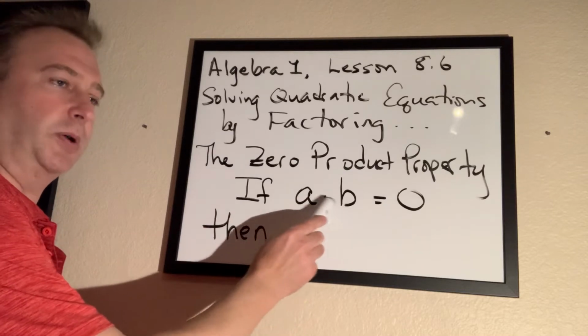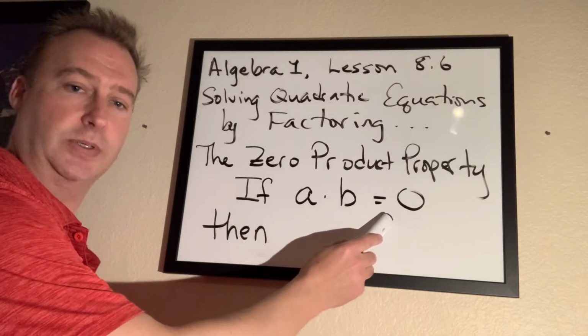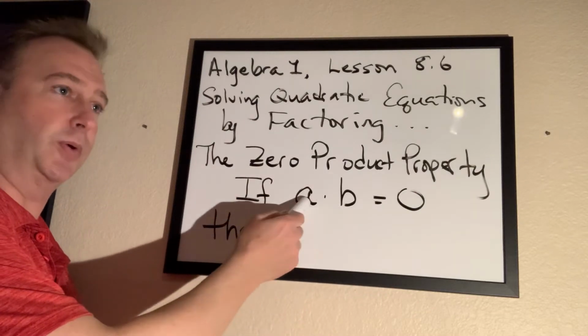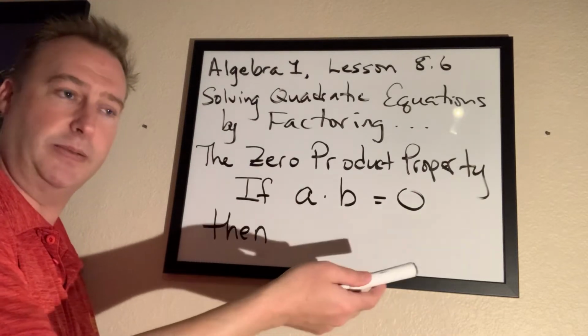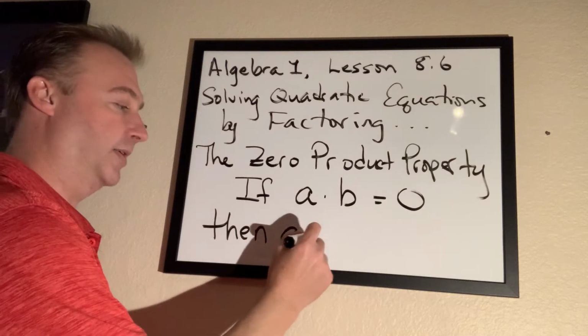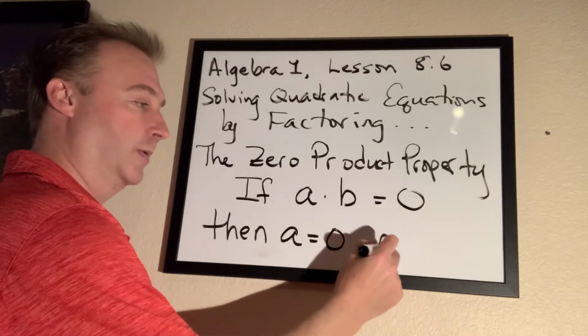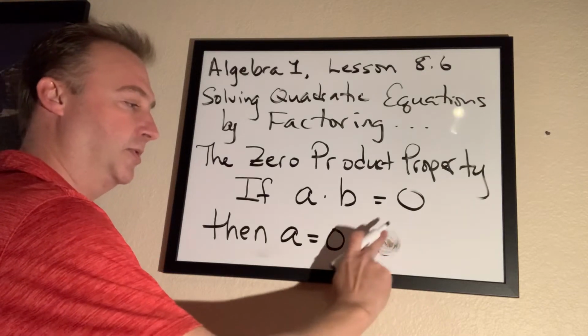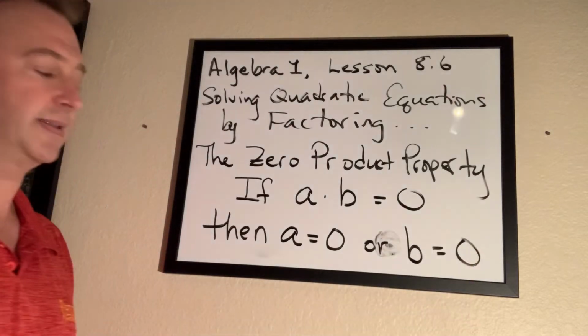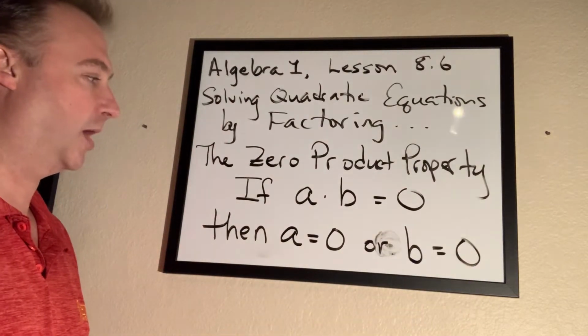If two things multiplied together give you a 0, then what has to be true about either one or both of these, a and b? What has to be true about either a or b? Either a is 0 or b is 0. That's it. That's the zero product property, okay?